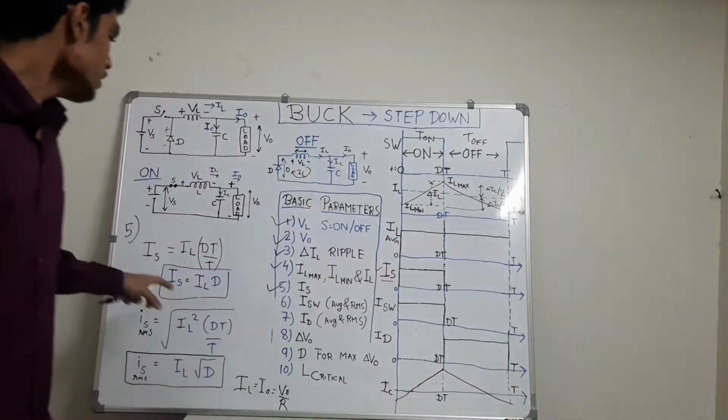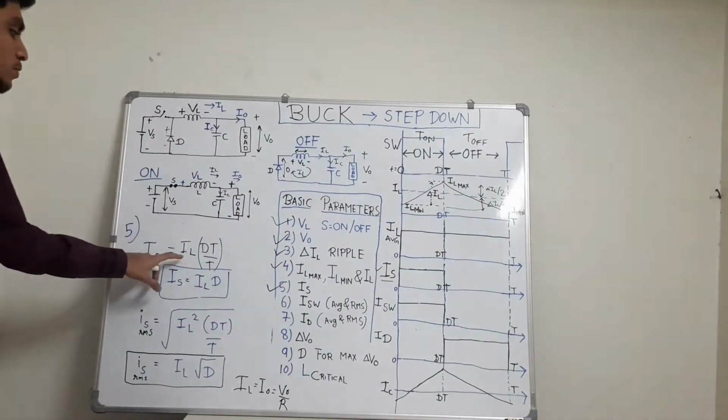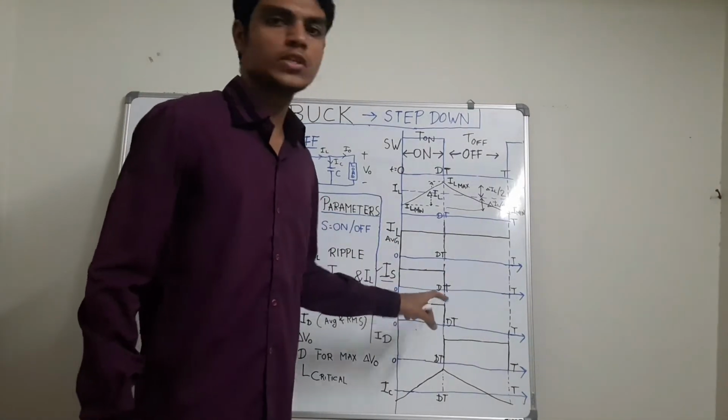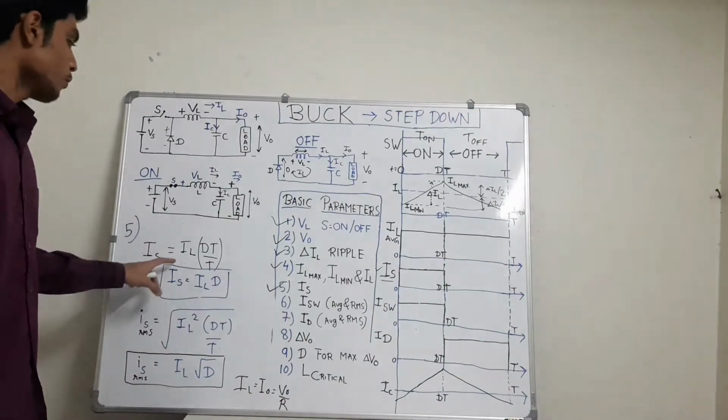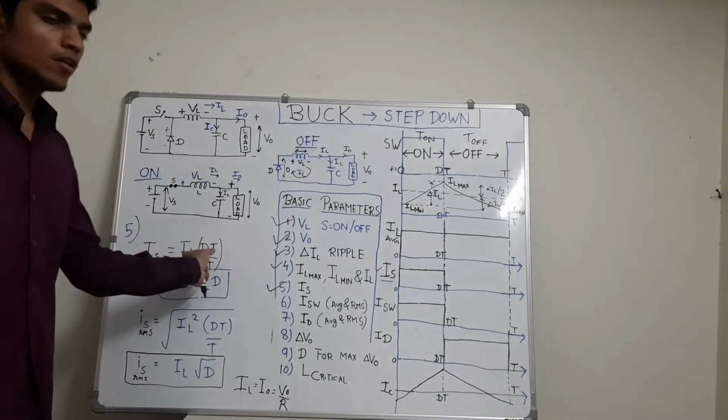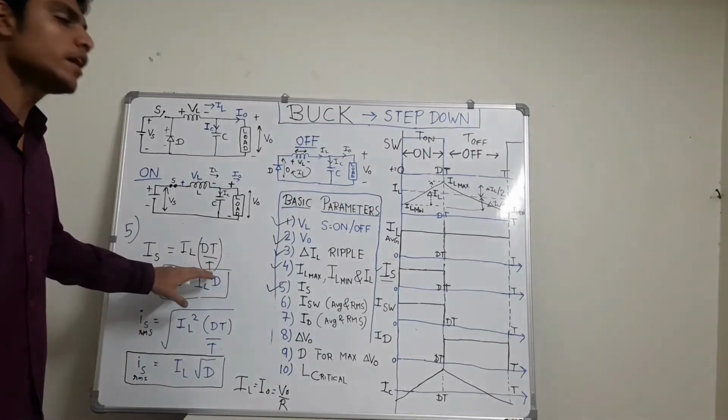Let's start with IS now. IS will be the average value of the source current. It will only flow for 0 to dT time, so it will be IL into dT, the time for which it is flowing, divided by total time.